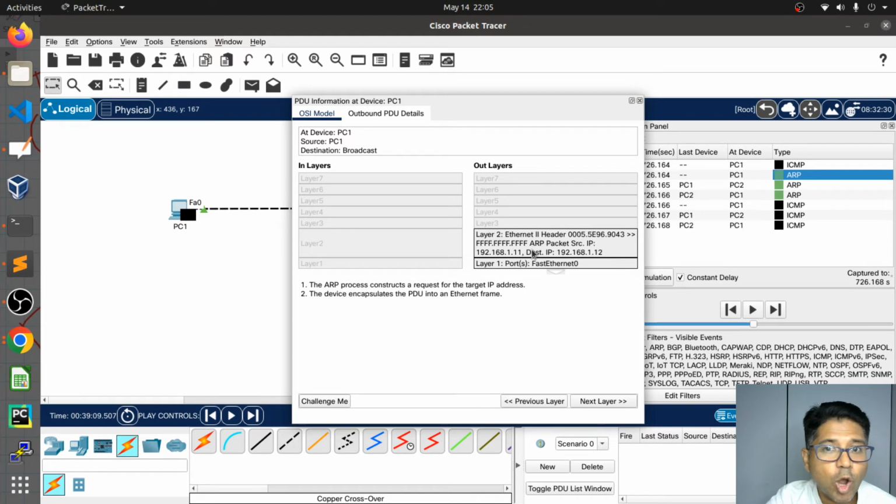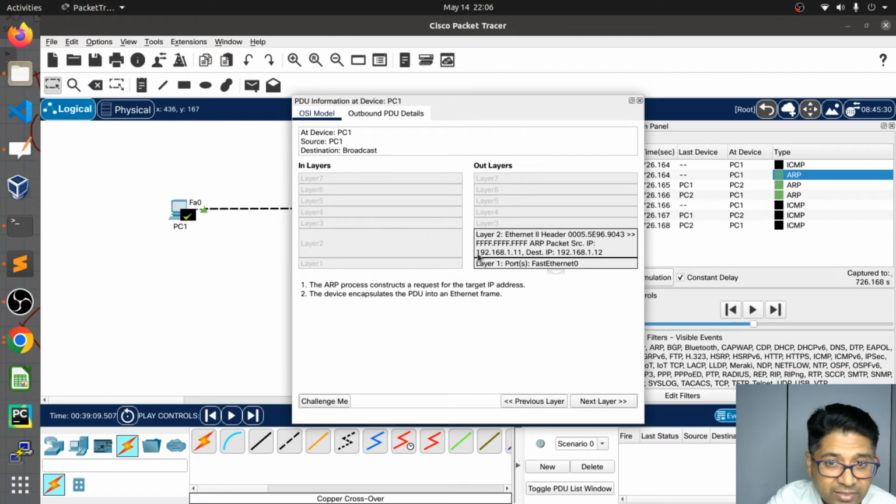They want to know the layer 2 address, because they know the source MAC address. This is the other address, called the layer 2 address. We are going to study in upcoming classes what the MAC address is. So they say we have our own MAC address, but I don't know the destination MAC address.